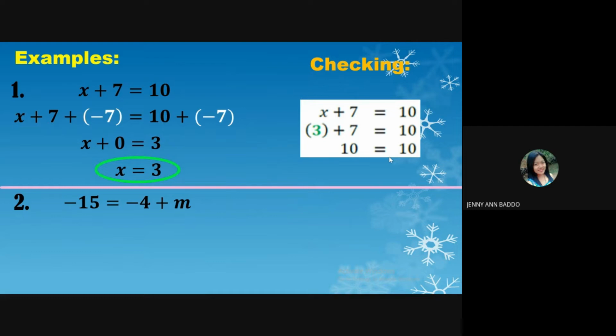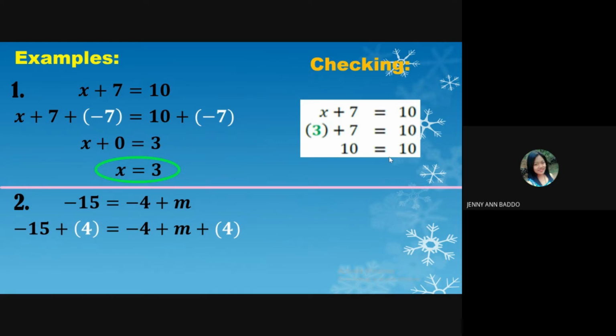Another example. Negative 15 equals negative 4 plus m. M is on the right side of the equation. So we have to isolate m at the right side. To do that, we have to remove negative 4 by adding its additive inverse, which is positive 4. So adding positive 4 to both sides of the equation, we now have this one.